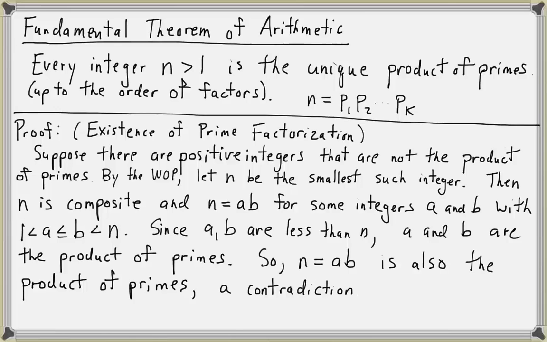So we've established that every integer greater than 1 can be written as a product of primes. Now we need to prove that this product is unique. So given an integer n greater than 1, suppose I can write n as the product of primes in two different ways.